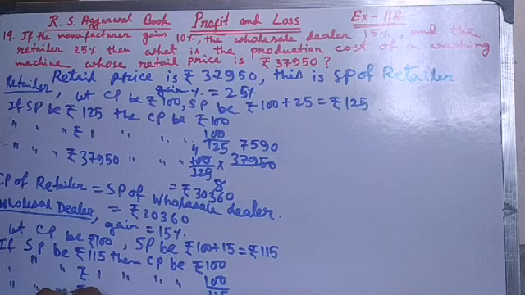Then here SP, this one 30,360, then CP 100 by 115 into 30,360.